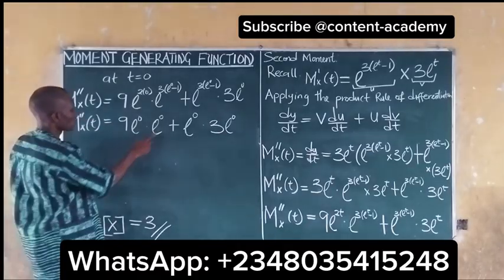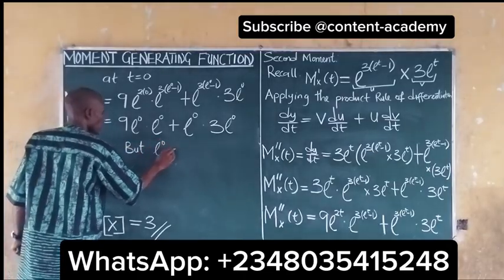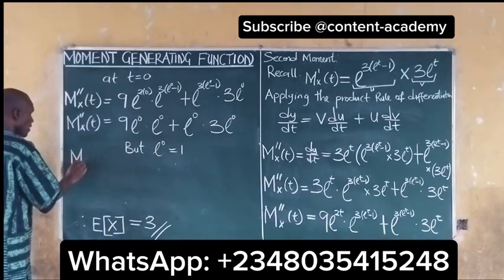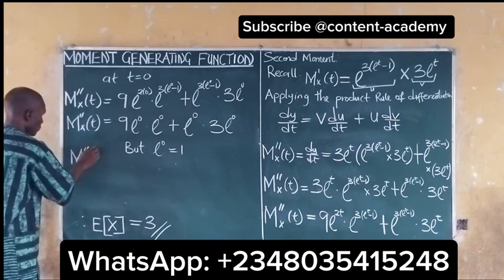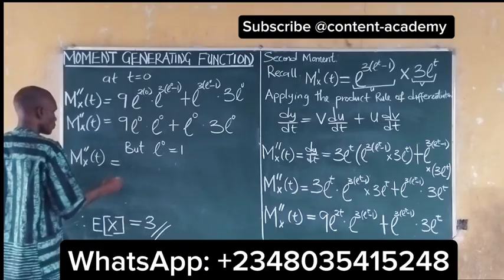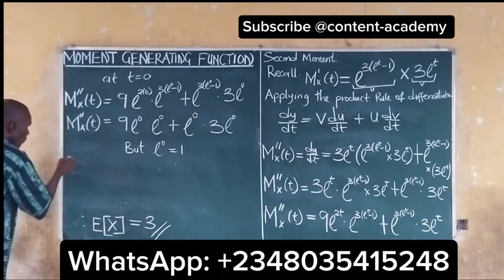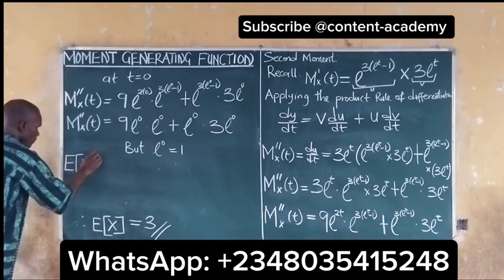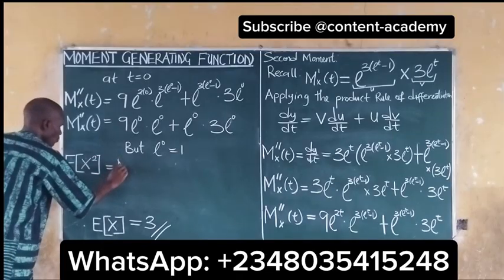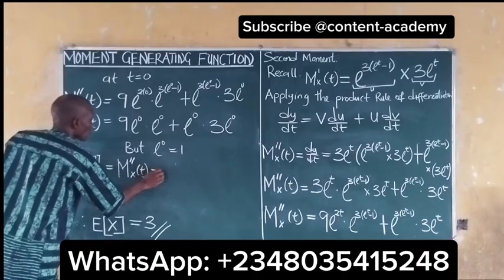But exponential 0 is equal to 1. So we have our expected value of x squared, which is equal to our second derivative of M(t).